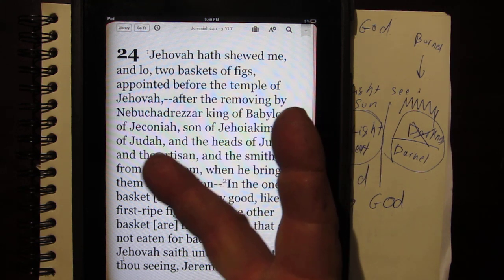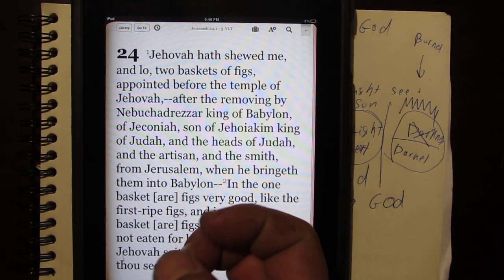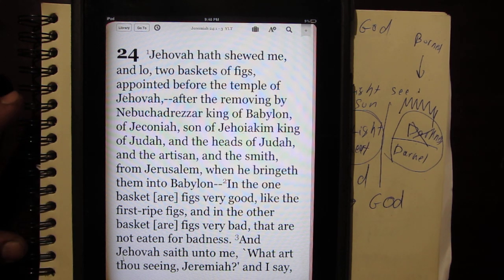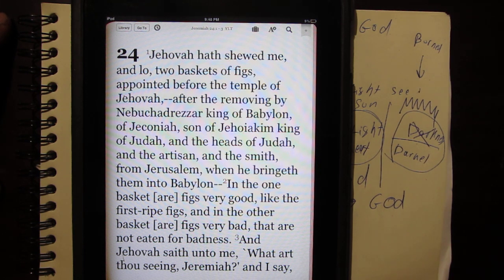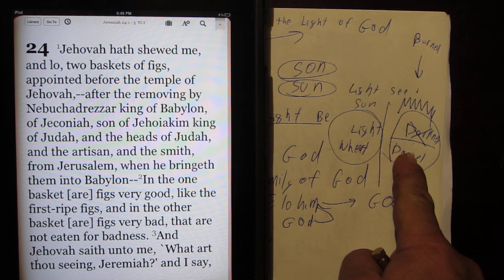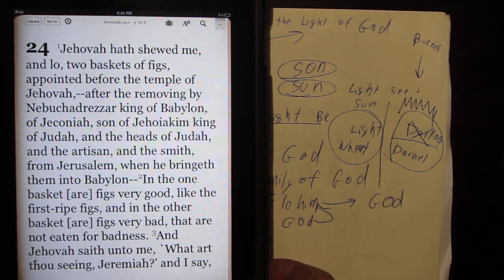If you have 2 sets of figs, one good, one bad, they didn't come from the same tree. We know this because a good tree does not bring forth bad fruit, and a bad tree does not bring forth good fruit. Similar to the darnel separate from the wheat.